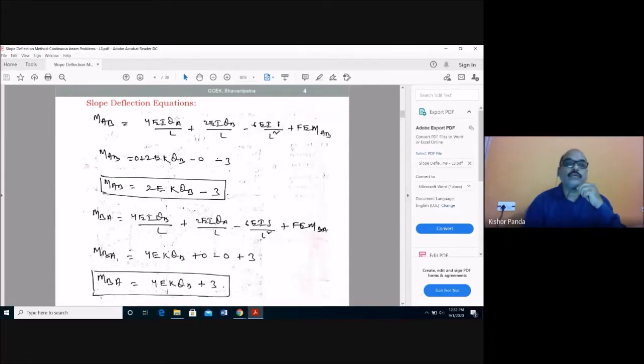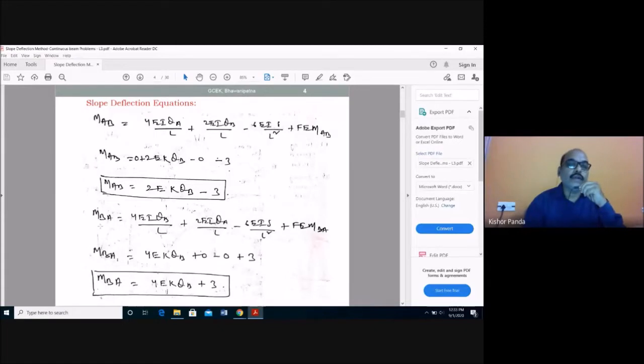But you know theta A is equal to 0 due to the fixed end, and delta is also equal to 0 because there is no settlement of any support. After putting theta A and delta, you get MAB is equal to 0 plus 2EK theta B minus 0, and the fixed end moment AB is equal to minus 3, which you got already. So after putting this, the moment MAB is equal to 2EK theta B minus 3.